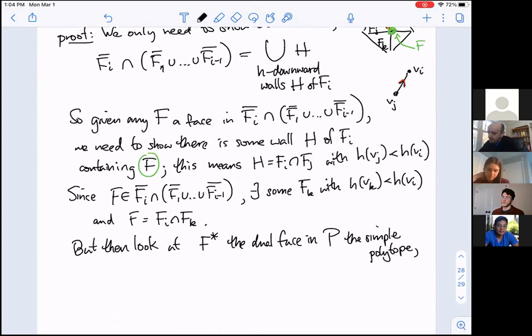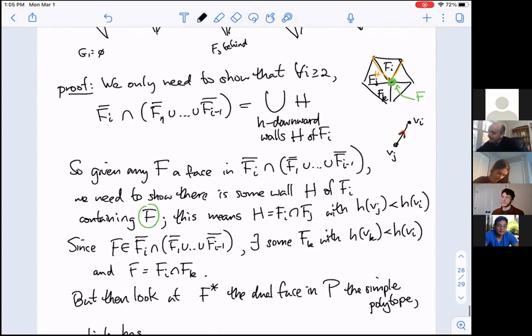Then the claim is, since F is the face in the original polytope, that dual face is going to have the Vj, and we're trying to exhibit a Vj.